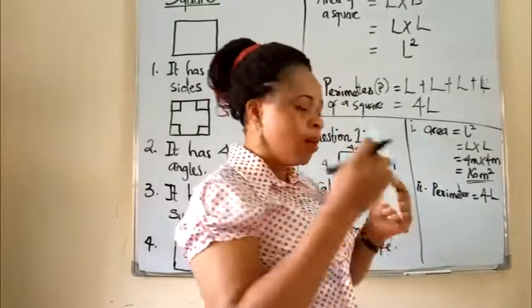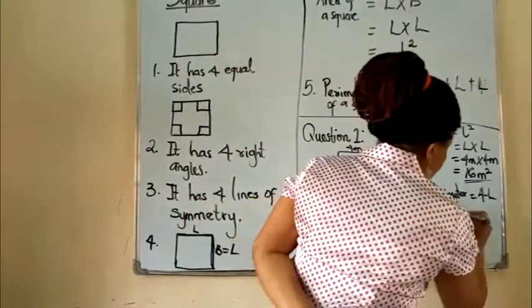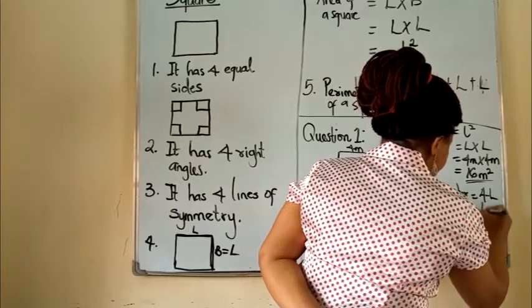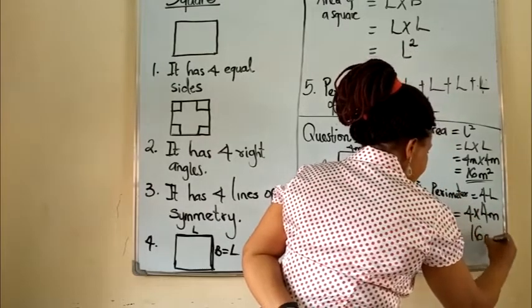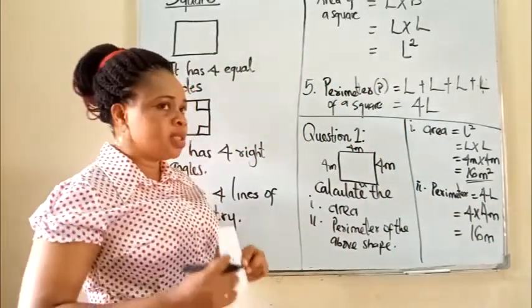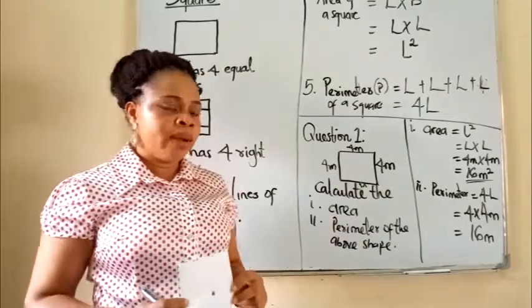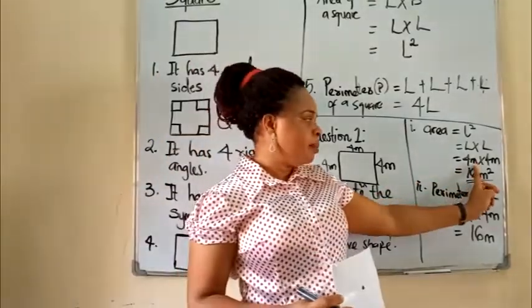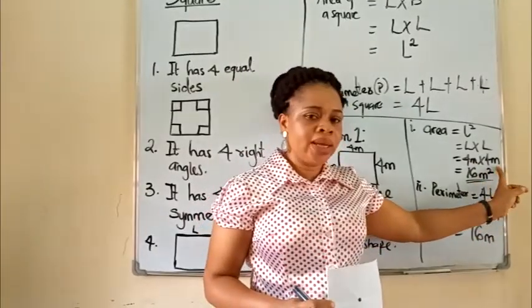So what is our L? Our L is 4 meter. So it equals 4 times 4 meter, and that will give us 16 meters. So that gives us 16 meters, not meter square. Here we have m times m, and that's how we got meter squared.